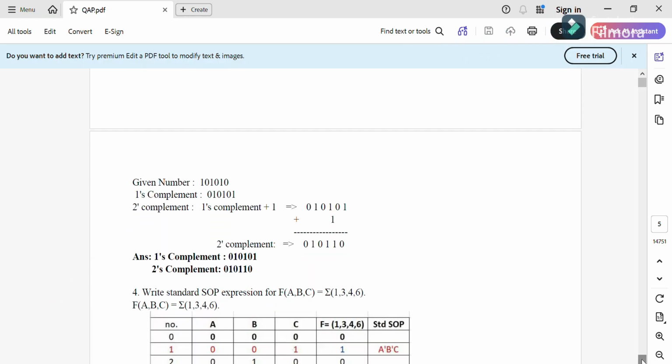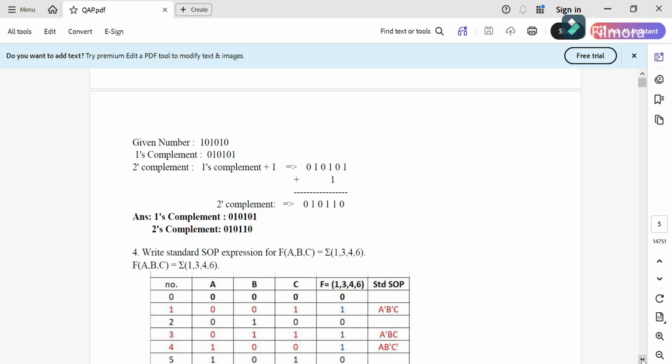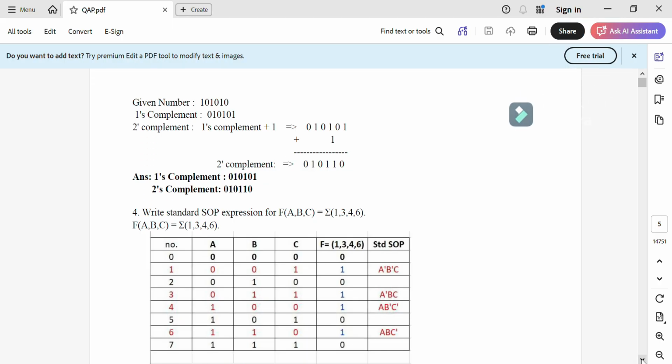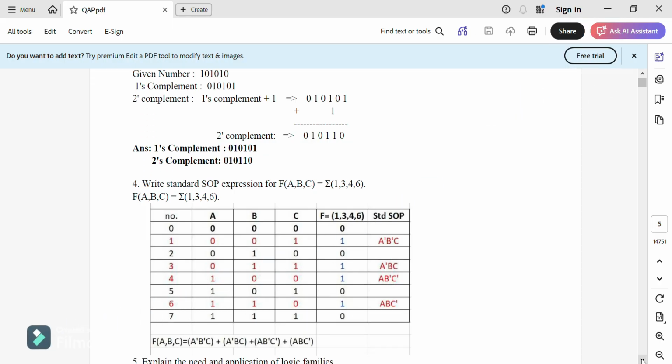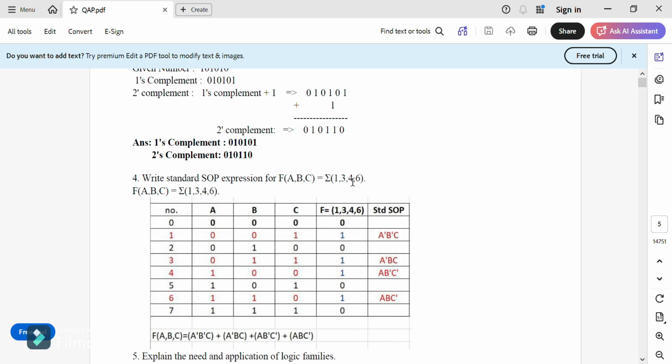Write the standard form of the expression for A, B, C, and they have given the numbers as summation 1, 3, 4, and 6. So to write the standard form means what? Every term should contain A, B, and C. That is called as what?